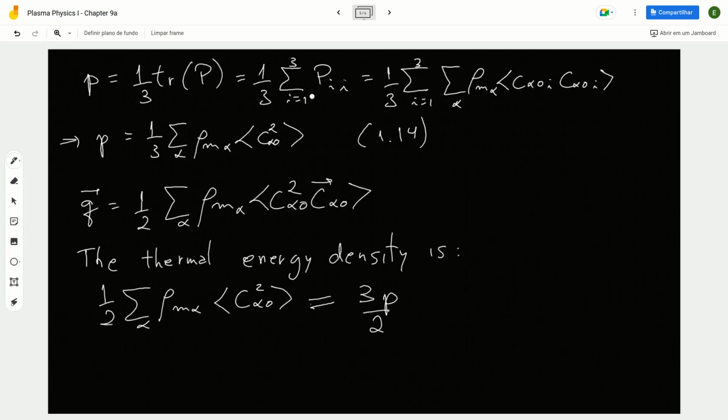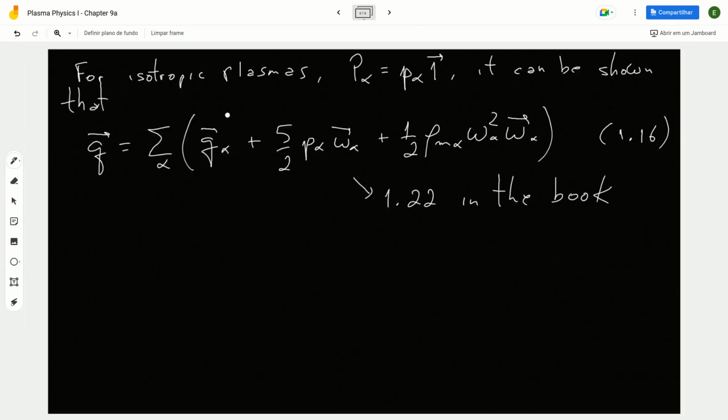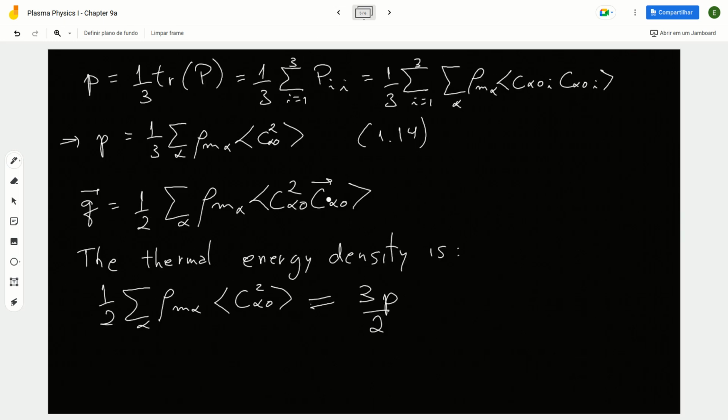So if you compare it with, where is our previous, okay, here. You have this equation, it's a tensor equation. If you have scalar pressure, then you end up with this alternative equation. It seems more complex than the previous one, but you don't have this.